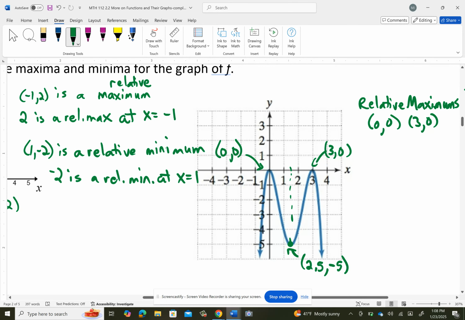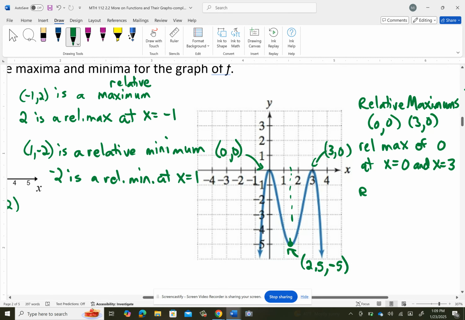But really, you have relative maxes of 0. Let me do them separate. You have a relative max, I'll say, of 0 at x equals 0 and x equals 3, I could say.